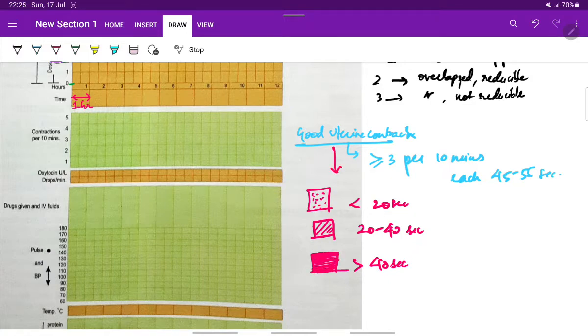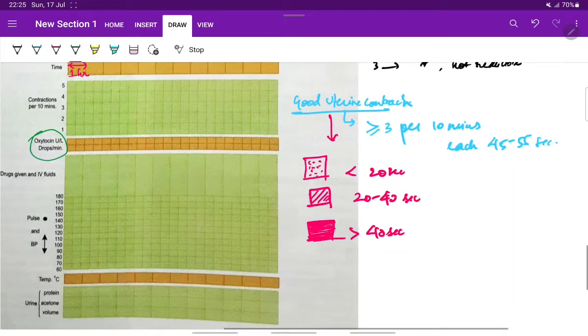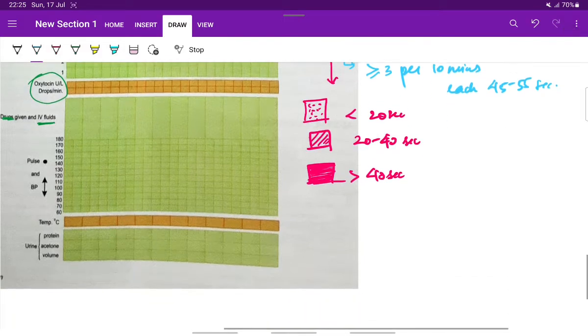These are the uterine contractions. Then the oxytocin given, if any, is noted here, and the number of drops per minute is also noted, and any other drugs given or IV fluids should be noted in this column, like any antibiotics or any antihypertensives.